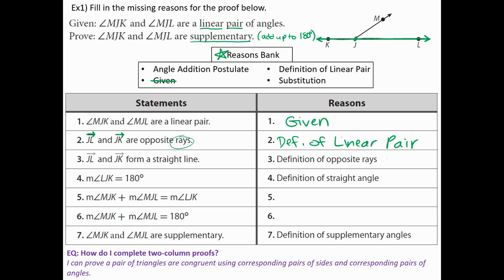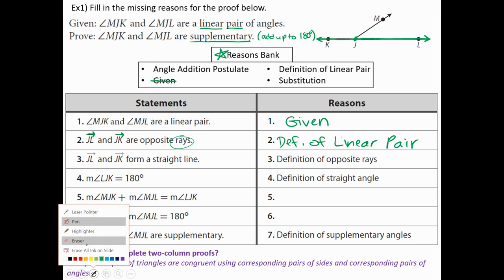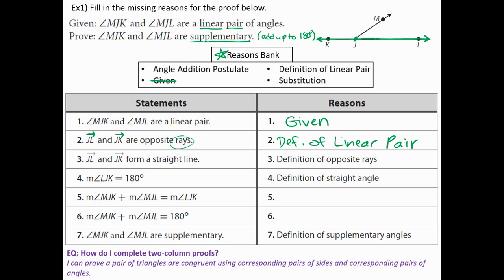So you'll notice our first statement said linear pair. Then in the next line, that linear pair. I'm going to highlight this for us so we can kind of see this pattern. So in the first statement, we had a linear pair. Then we made a new statement, and our reason was because it's a linear pair.